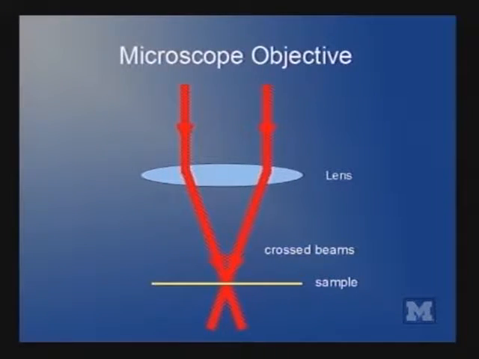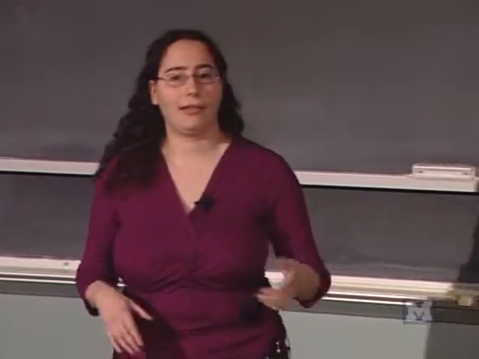So if we have a pair of beams spaced apart, they go through the lens, they get focused down to the same spot, and where they cross at that spot, you get your sideways standing wave, like I demonstrated a moment ago. And if you just stick a sample in there, a sample of whatever it is you want to trap, then that sample will be subjected to the standing wave, and hopefully you will see an optical lattice.